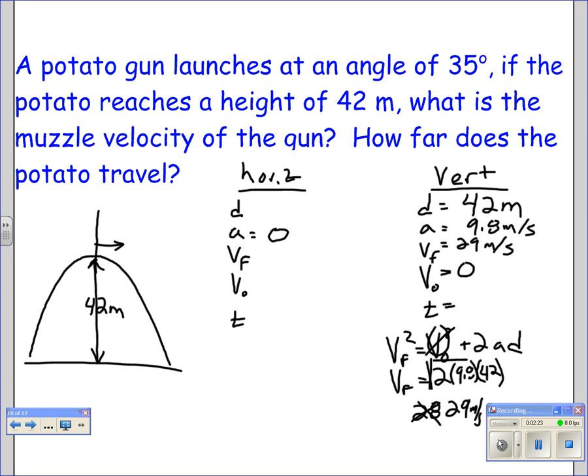Now, just by knowing that, I looked at my original speed triangle. I know that this angle down here is 35. And if it lands at 29 meters per second vertically, that must have been how fast it took off. So this side would have to be 29 meters per second.